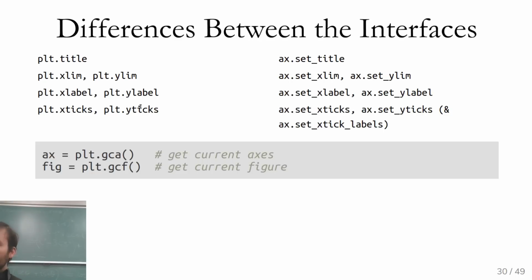If you do that, you can get the axis object that you're currently working on by doing plt.gca for get current axis, or the figure that you're currently working on using plt.gcf. Then you get the object back that you're working on, and you can modify that object. In particular, gca is very useful if you just start plotting and then you want to change something in the plot that you already made.